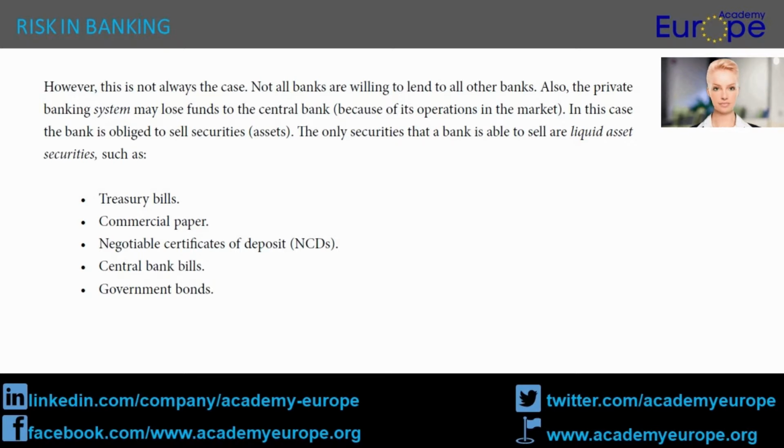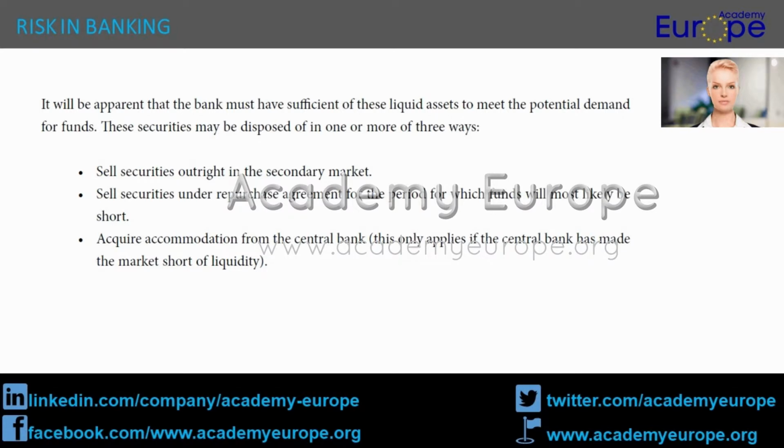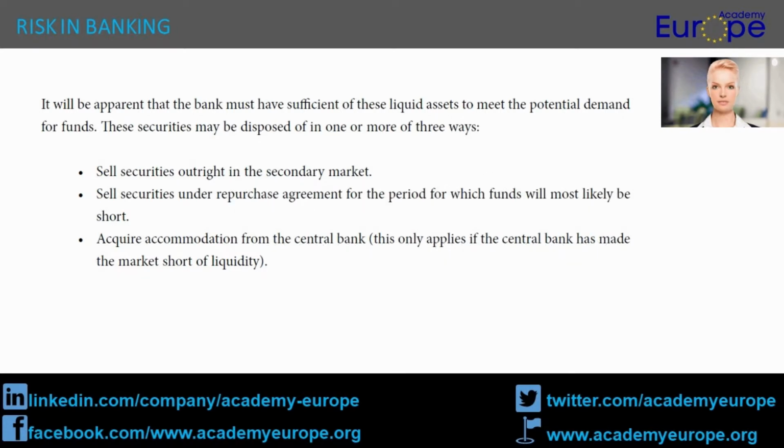The only securities that a bank is able to sell are liquid asset securities, such as treasury bills, commercial paper, negotiable certificates of deposit, NCDs, central bank bills, government bonds. It will be apparent that the bank must have sufficient of these liquid assets to meet the potential demand for funds. These securities may be disposed of in one or more of three ways.